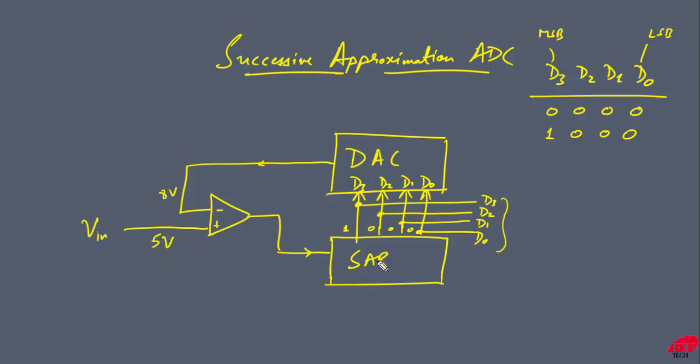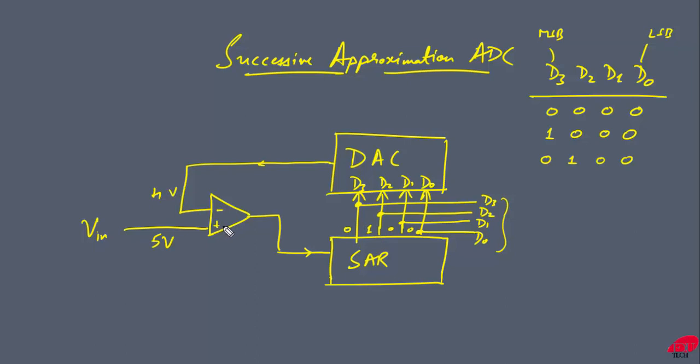So the successive approximation register will lower the range. It will make this MSB bit 0 and make the next MSB 1, with the rest of the bits as they are. Making the next MSB 1 generates a 4 volt signal at the output. So it generates a 4 volt signal.